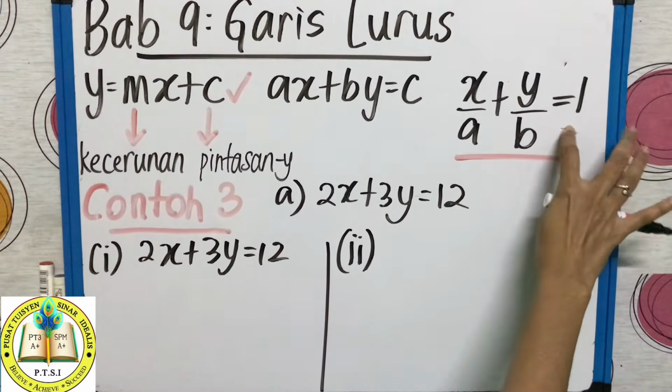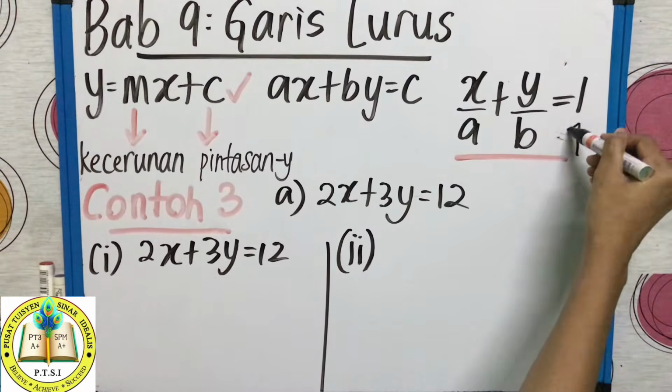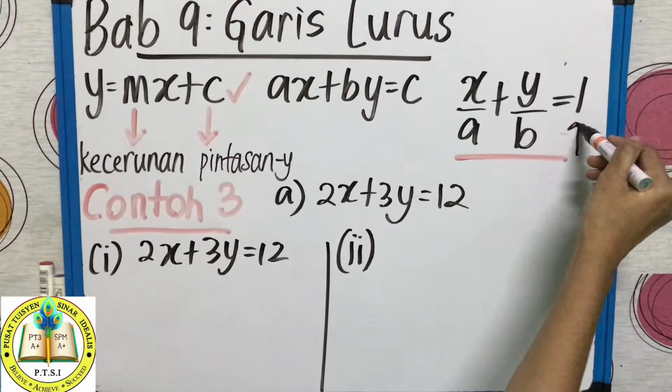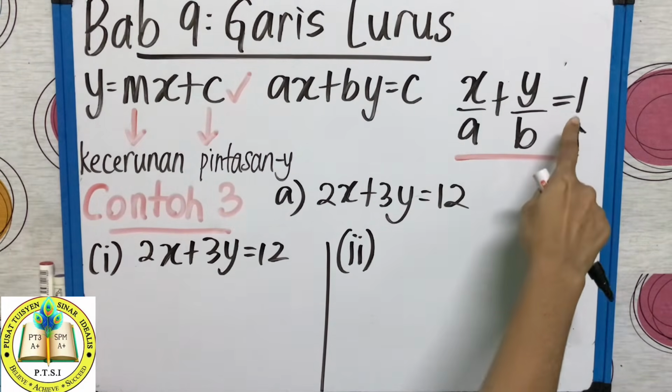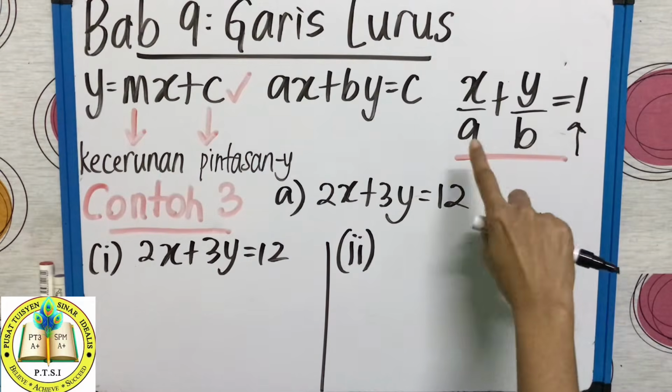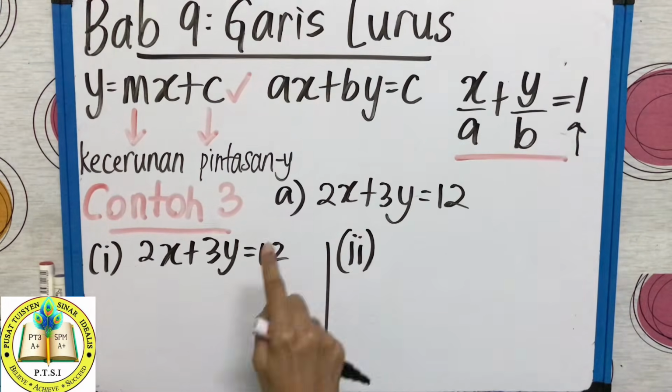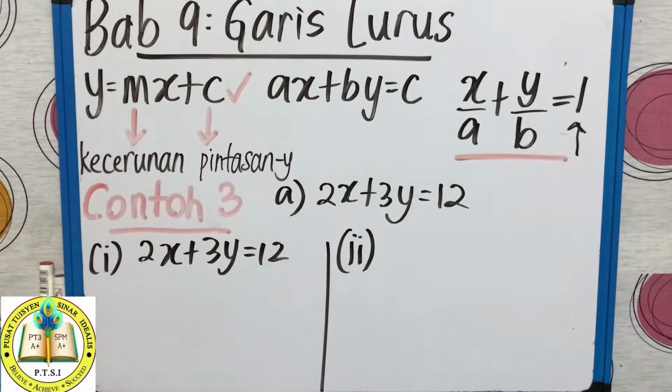Nampak tak? Okay, teacher put the arrow here. Can you see the 1? Nampak tak? 1. But here is equal 12.